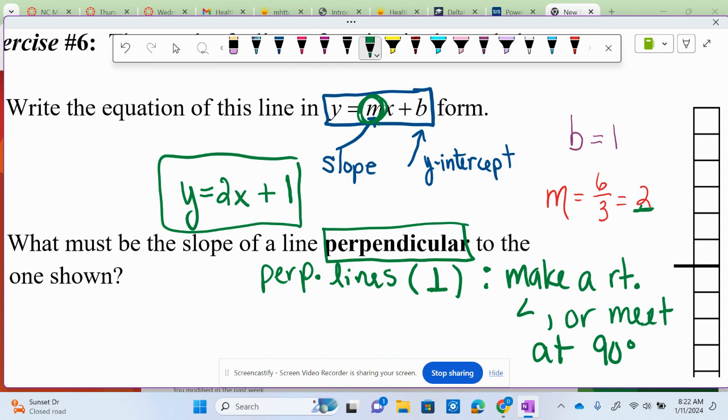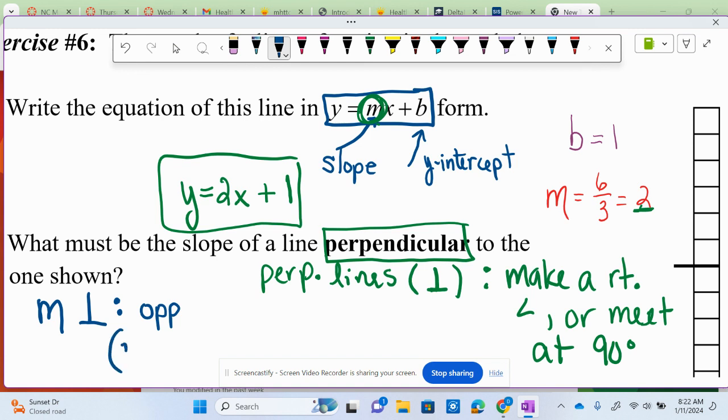Okay. So we said we think that they might be opposites, right? We think that they might be opposites. So violet, right? Okay. So let's see. Let's talk about the slope of perpendicular lines. The slope of perpendicular lines, well, they are opposite. Opposite means that I change the what? When I say the word opposite, that means what? If it's positive, I make it, or if it's negative, I make it. Okay.